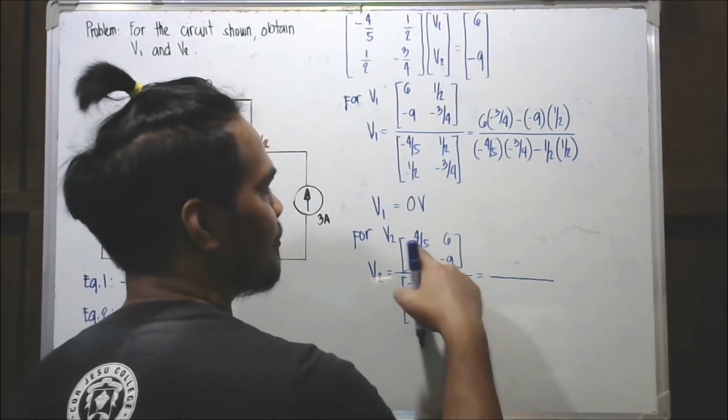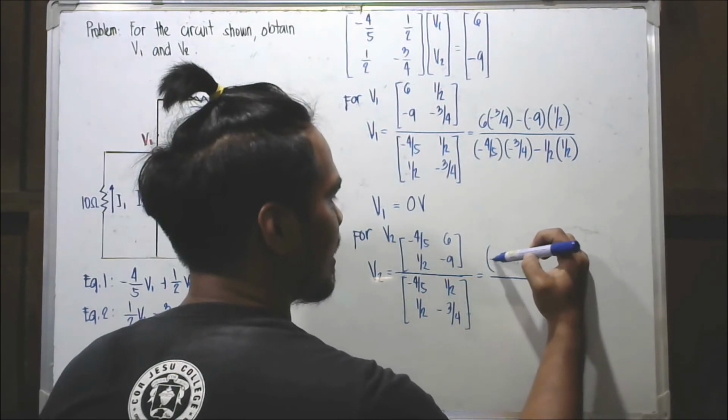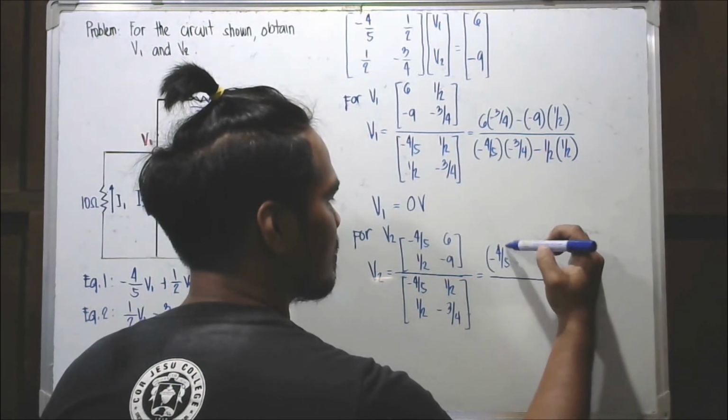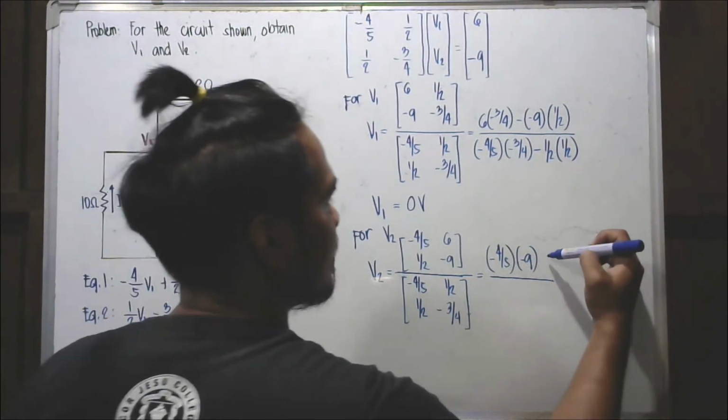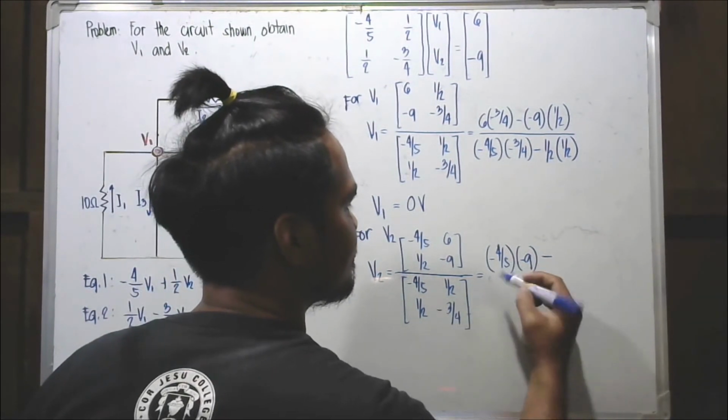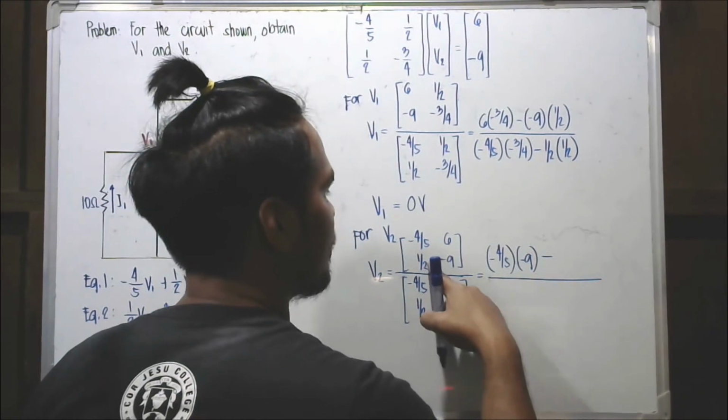So you have negative 4/5 times negative 9 minus 1 half times 6.